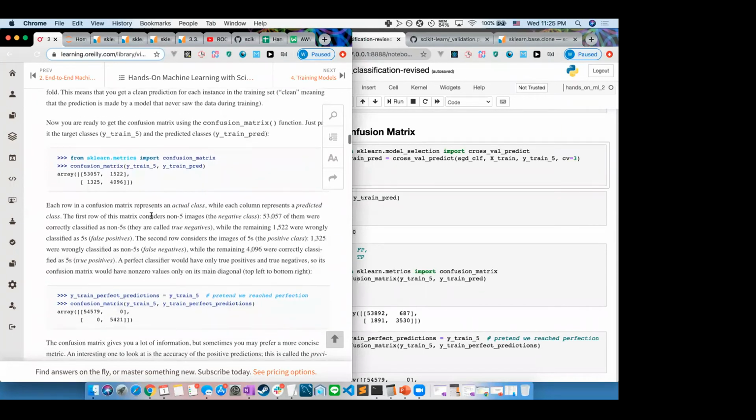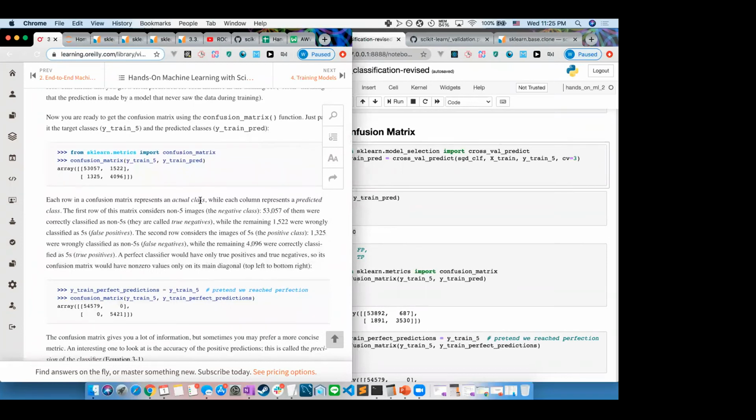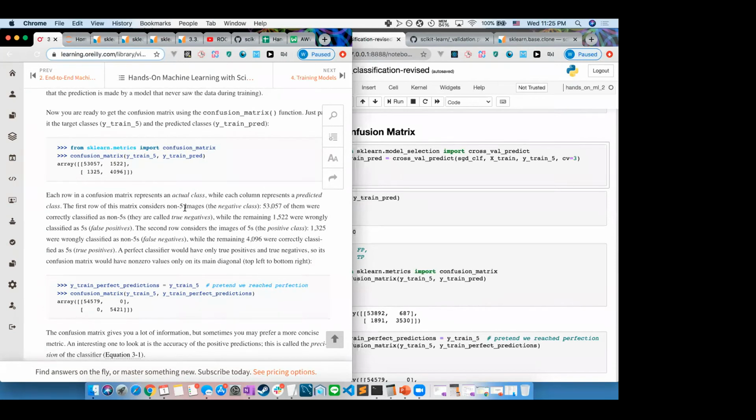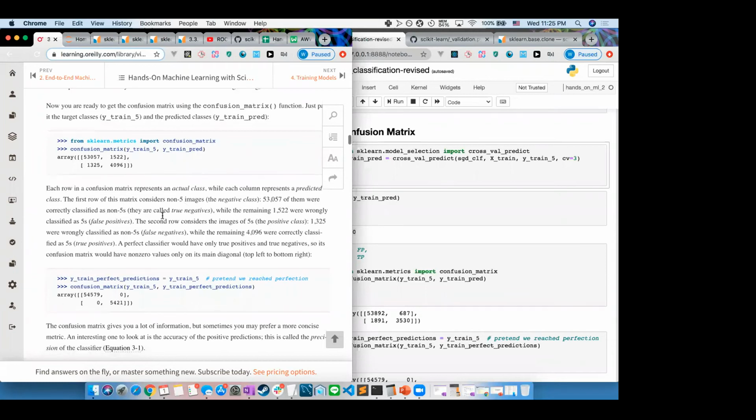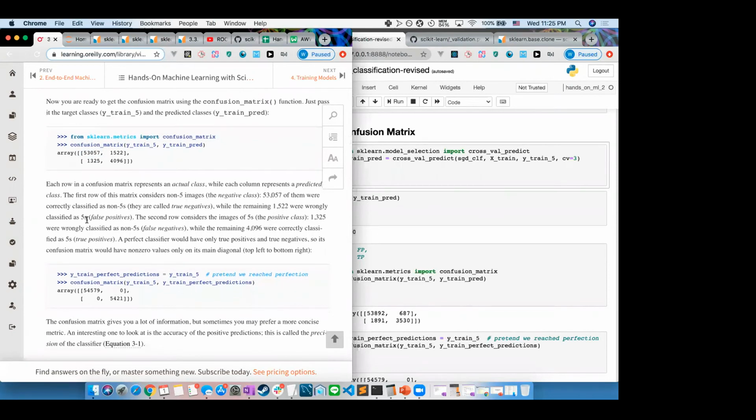Now, each row in the confusion matrix represents an actual class, while each column represents a predicted class. The first row of this matrix considers non-5 images, the negative class. 53,057 of them were correctly classified as non-5s. They're called true negatives, while the remaining 1,522 were wrongly classified as 5s.